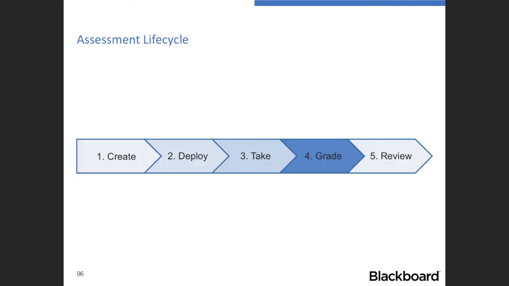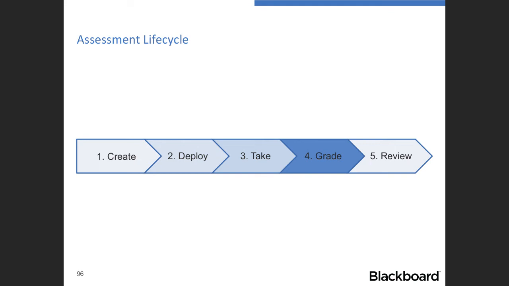The assessment life cycle, or the test life cycle, starts from creating the test. Then once the test is created, you can deploy it. Deploy means making it available for the students. Then the students will take the test with a single attempt or multiple attempts.